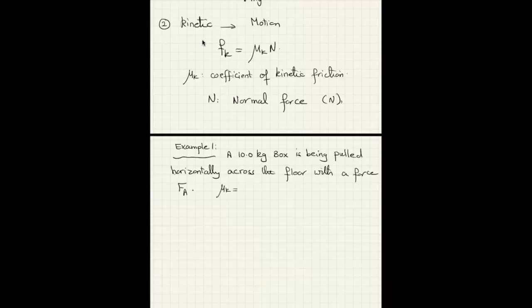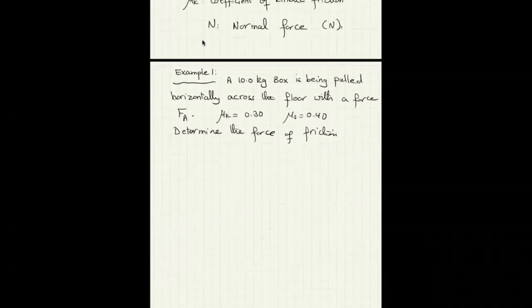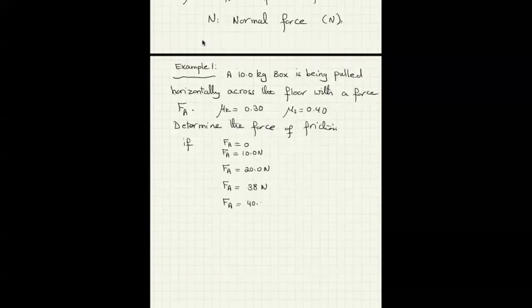Now, mu k is 0.3 and mu s is 0.4. Determine the force of friction if first Fa equals 0, Fa equals 10, Fa equals 20, Fa equals 38, and Fa finally equals 40.